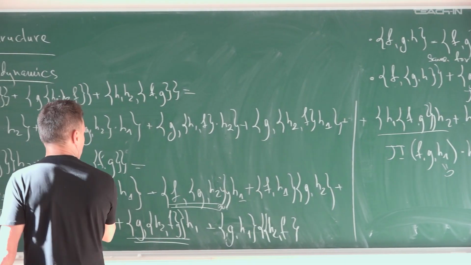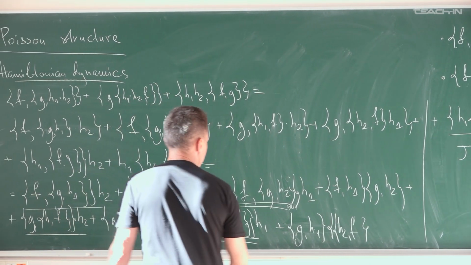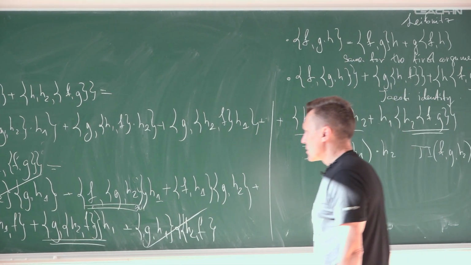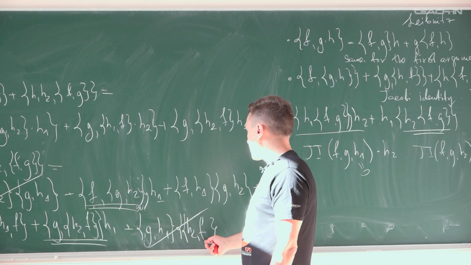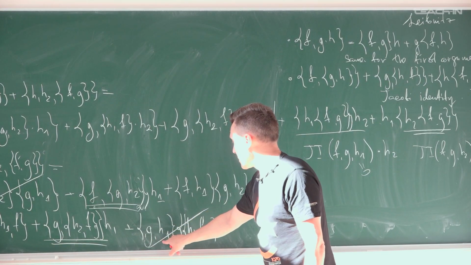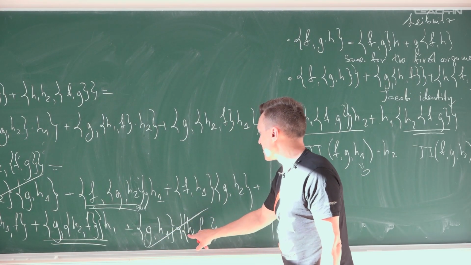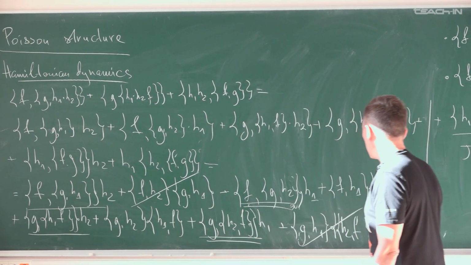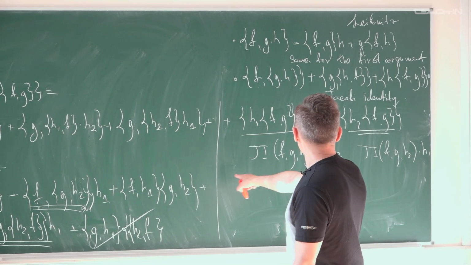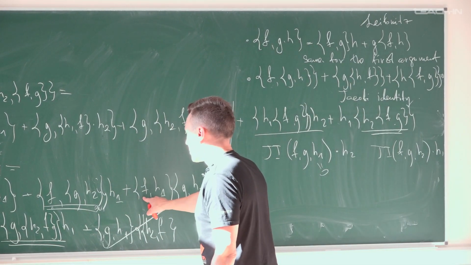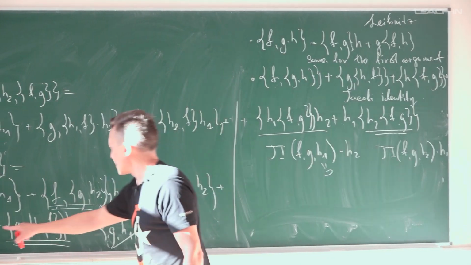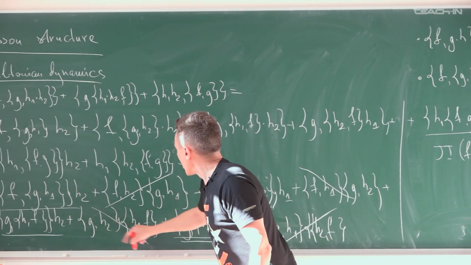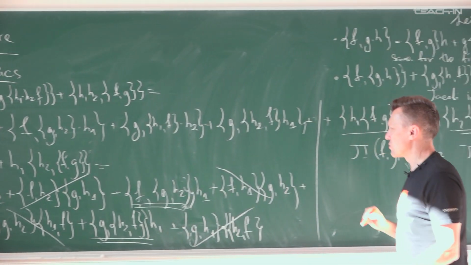But these terms cancel each other due to the skew symmetry of the Poisson bracket. So it is {g,h1}, but here is {h2,f}, and here is {f,h2}. And it should be the same in this case. So it is {f,h1}, and here is {h1,f}, and {g,h2}, {g,h2}.